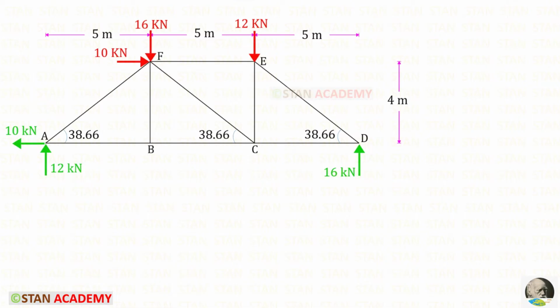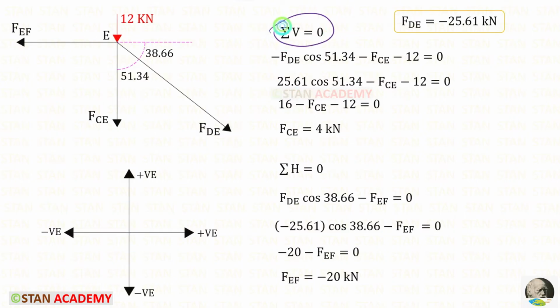Now we are going to take the joint E and find the member forces. If this angle is 38.66, this angle also should be 38.66, and this angle will be 90 minus 38.66. It will be 51.34. First, we have to use this rule because there will be only one unknown. This is acting downwards, so it will be negative.